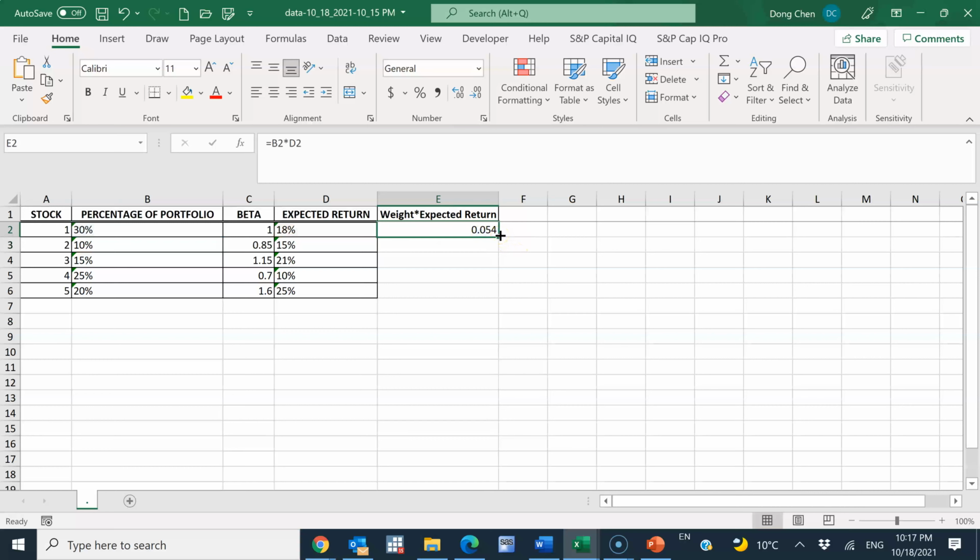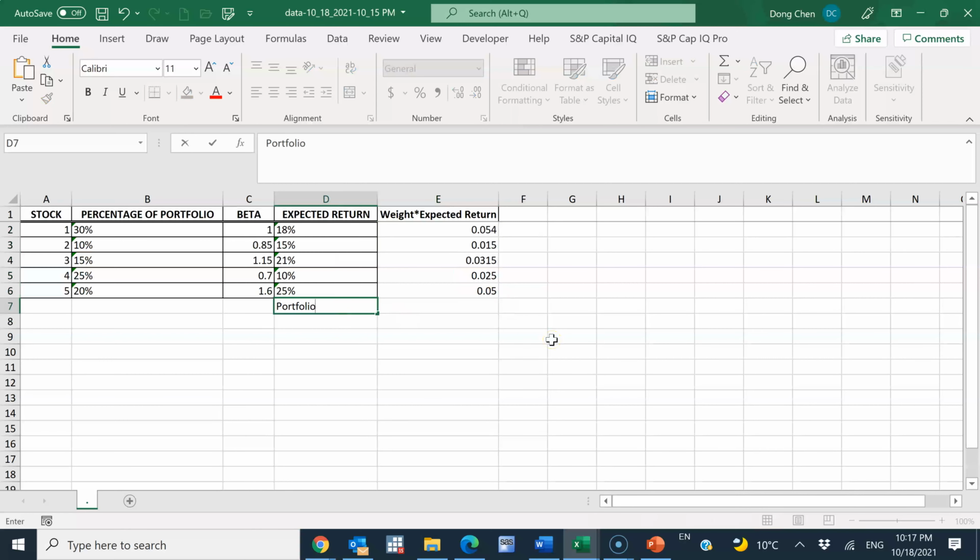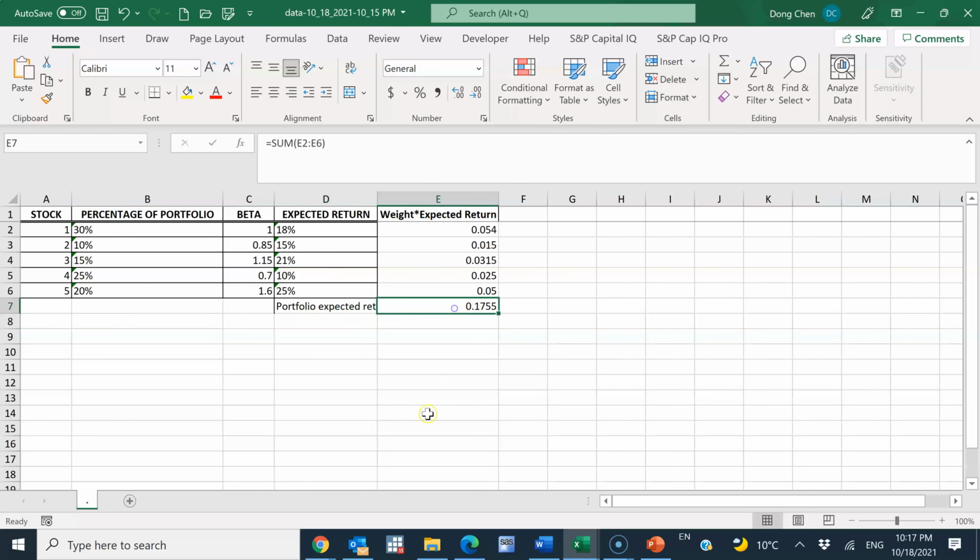And that's why I said earlier that using Excel can facilitate the calculation, because when we calculate one product, we can just drag the cell to the other stocks, and Excel will automatically calculate the other products for us. So now I can calculate this portfolio expected return as the sum of these products, and then just follow this.